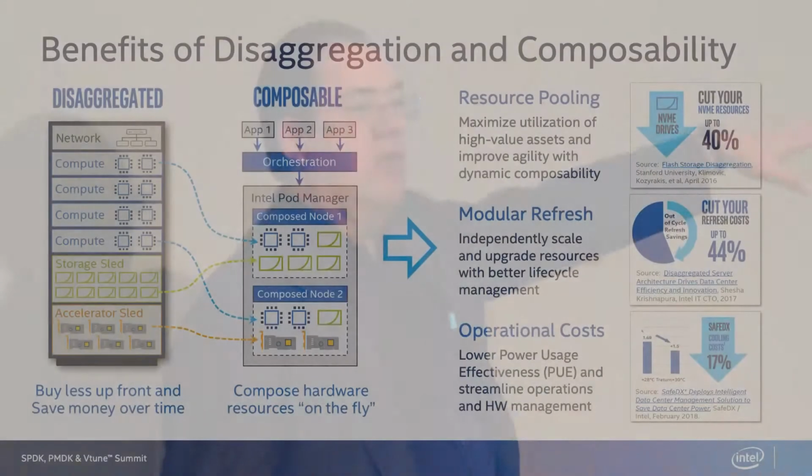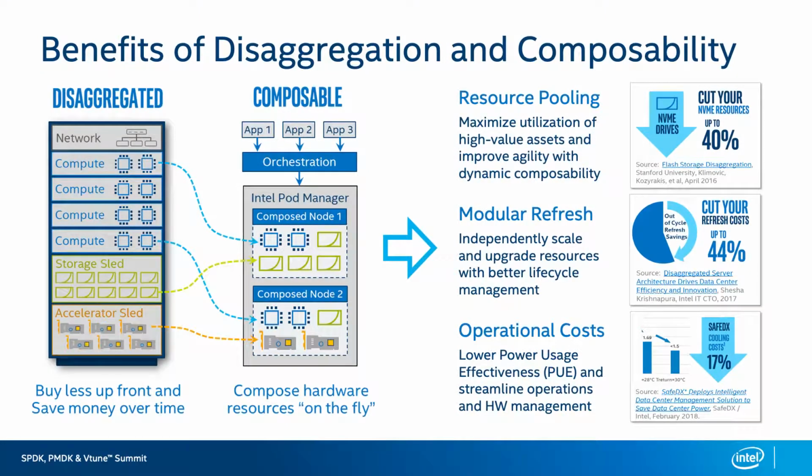When you have a more modular design, you can say, well, I need another petabyte of storage. I'm just going to roll in storage resources and connect it in. I have enough compute. Or vice versa, I have plenty of storage. I need more compute. So I roll in more servers and connect it up and serve it up that way. So you get a more modular refresh. And of course, all of that drives your data center efficiency, so drives your operational costs down.